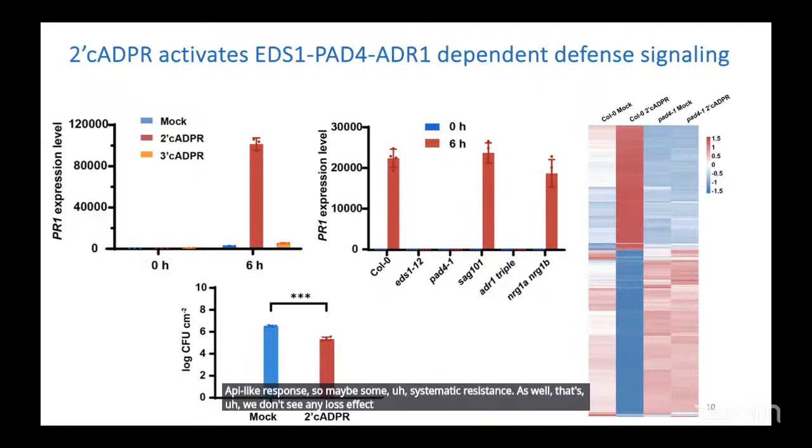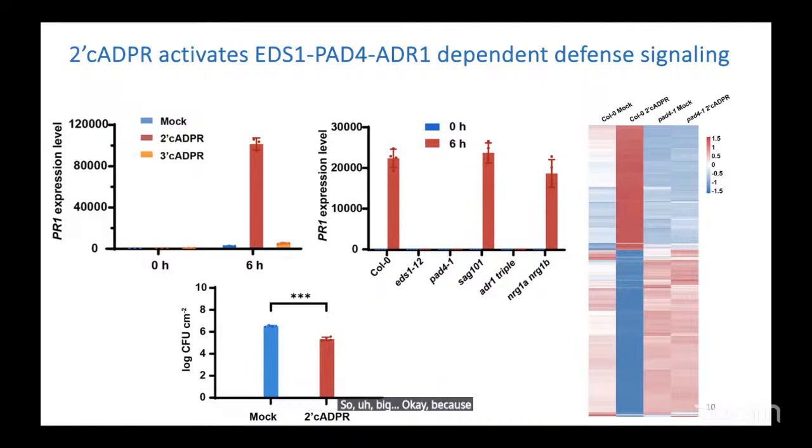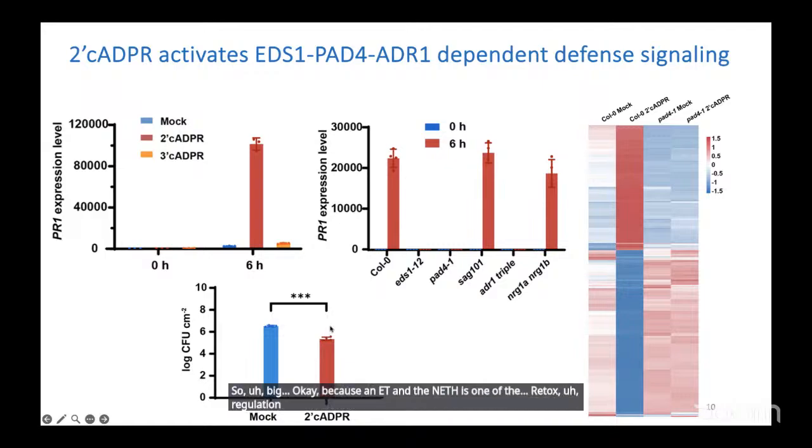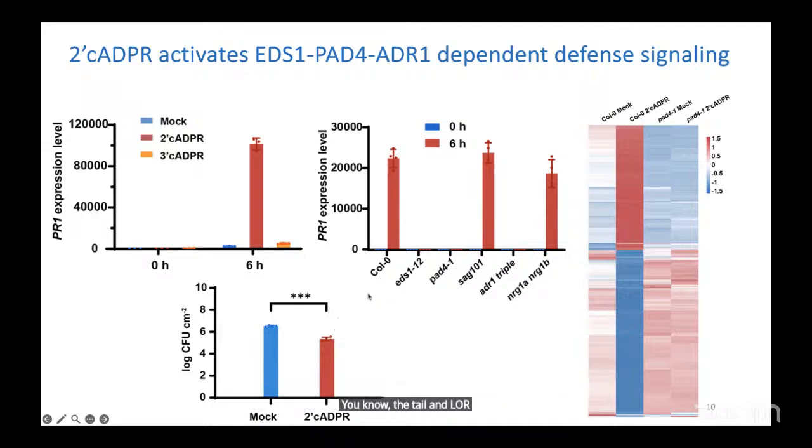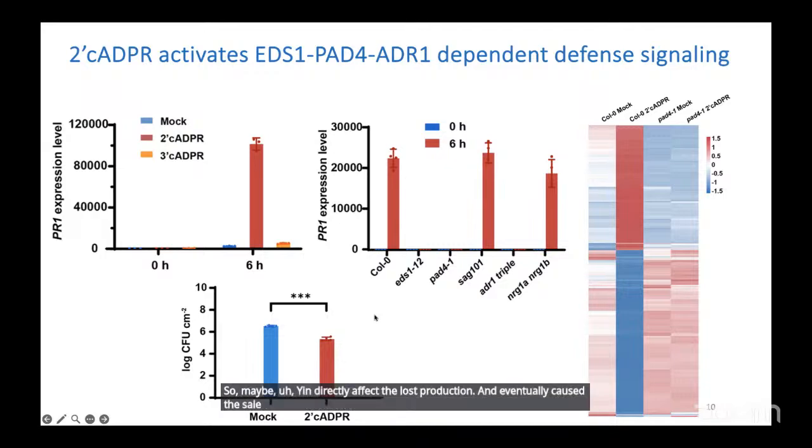Okay, because NAD and NADH is one of the redox regulation systems. So I wonder maybe the TIR NLR can directly affect the redox balance in the cell. So maybe indirectly affect the ROS production and eventually cause the cell death.